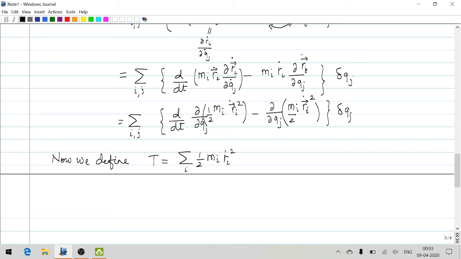So if I do this now, I will get the second term as summation over j, d by dt, dou T by dou Qj dot, minus dou T by dou Qj.